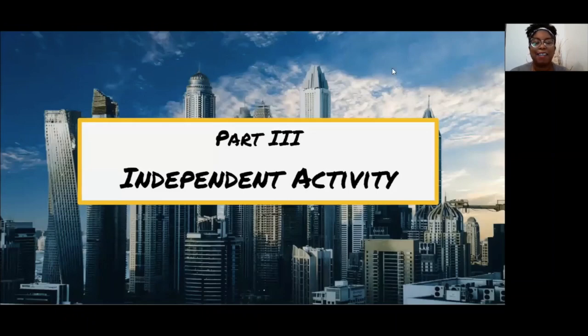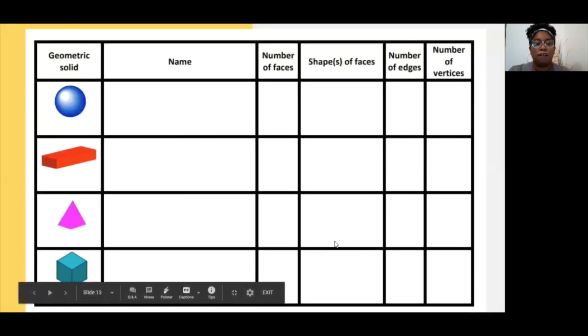For your last and final task of the day, you are going to use all of the information you learned from today's lesson to complete 2 charts, one for solids and one for plane shapes. Here are the charts. Here's the chart for the solid shapes.